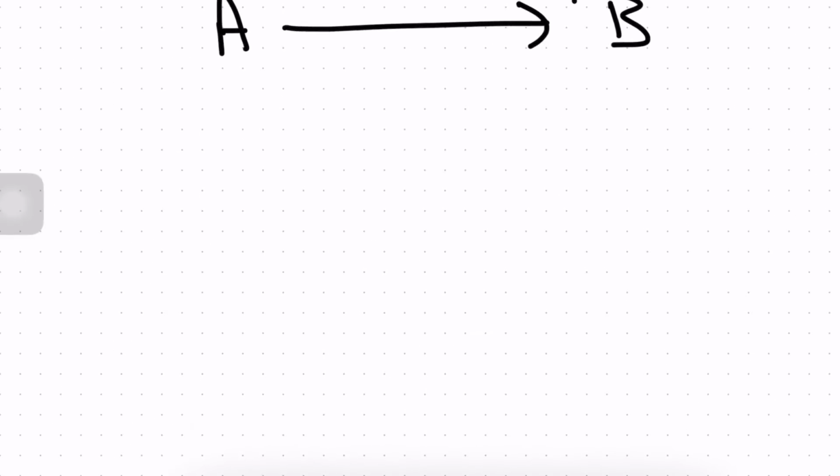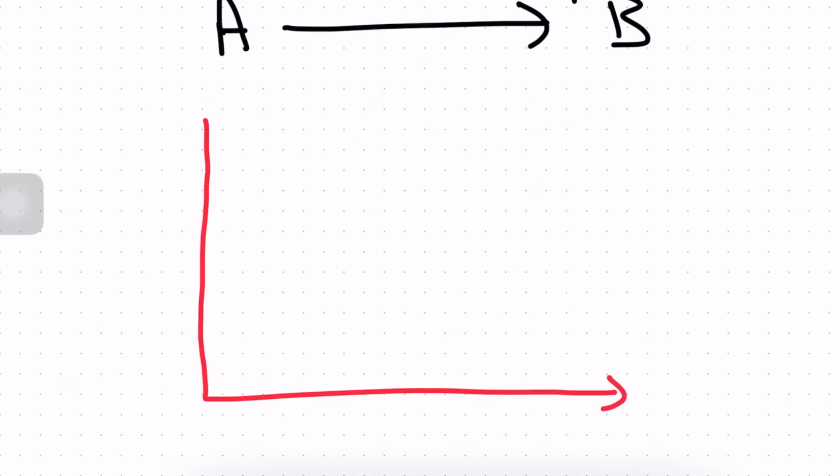Now try to see here. Let's suppose you are going to plot a graph between time and the reaction, showing how the reaction is going to proceed. And let's suppose here you show the energy, so this is the Gibbs free energy of the reactant.